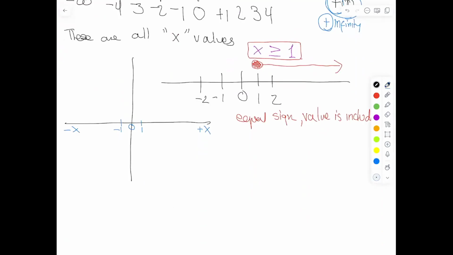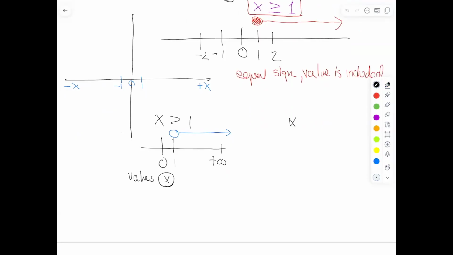So, let's talk about this concept. If it's x is greater than 1, then when I'm drawing this number line, I'm going to have an open circle, and it's going to go all the way to the right, and it's not going to stop, so it's going to go all the way to positive infinity. For what values? For values of x.